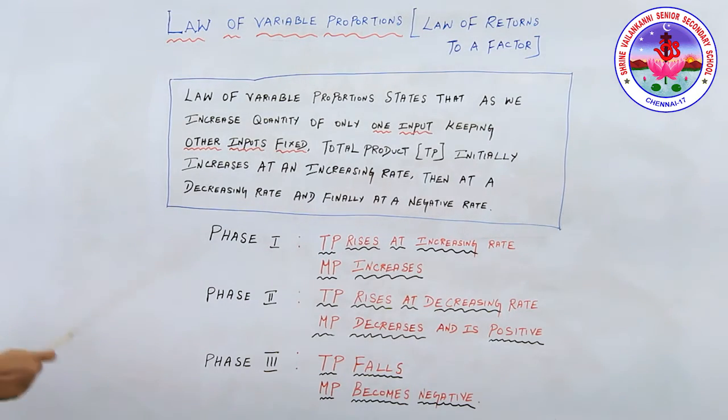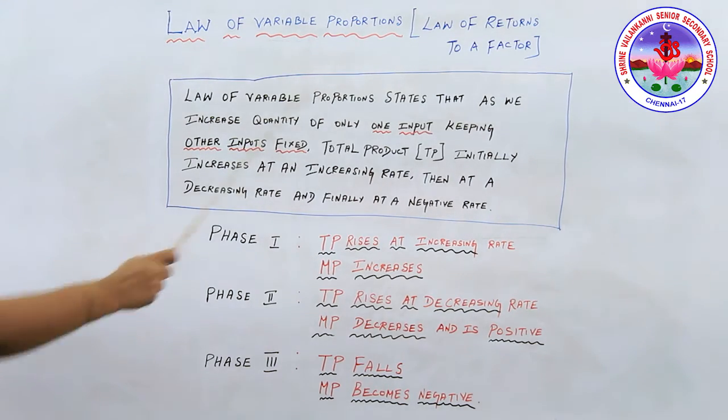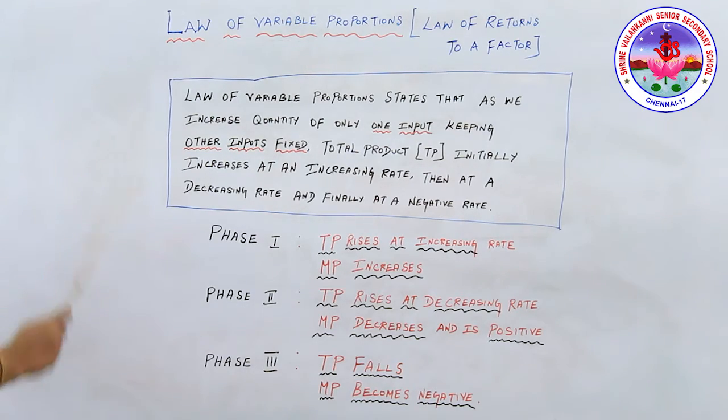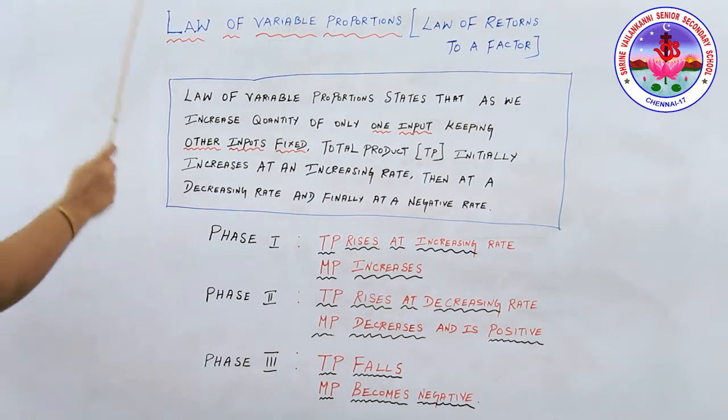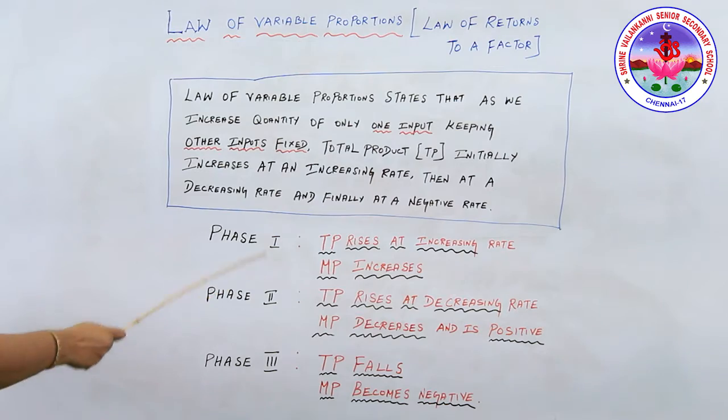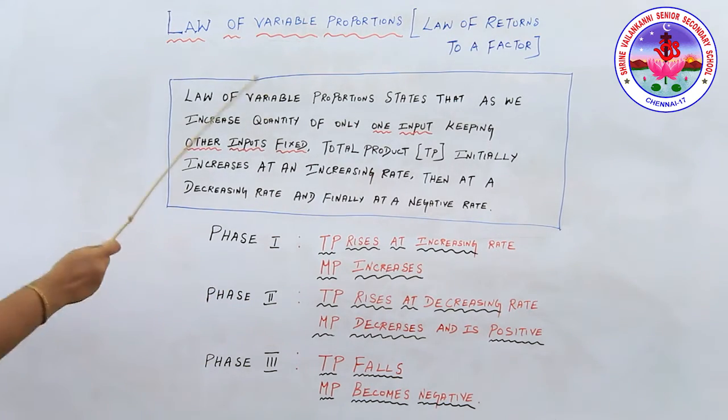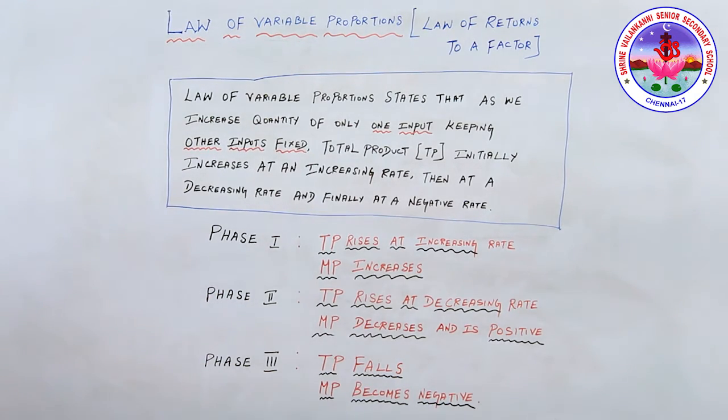I think everyone knows labor comes under a variable factor. So when he employs more and more units of labor, what will happen? Initially, the output will increase at an increasing rate, then at a decreasing rate, and finally at a negative rate. So this behavior of output, we are calling it the law of variable proportion.